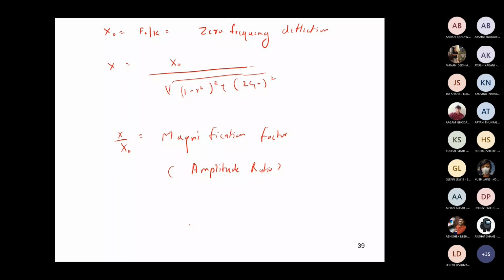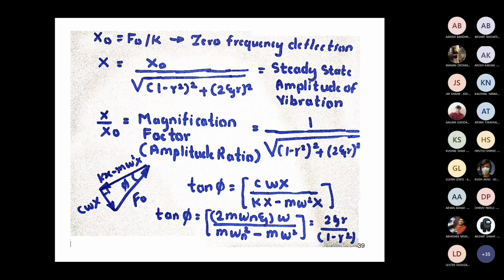If I plot these vectors, kx minus m omega square x, and on the other side c omega x, this angle is phi. So tan phi is c omega x divided by kx minus m omega square x, which simplifies to 2 zeta r divided by 1 minus r square.